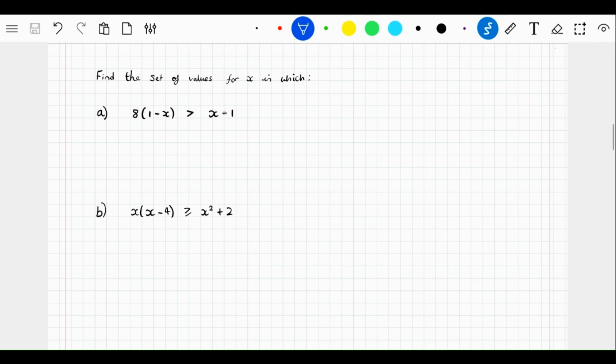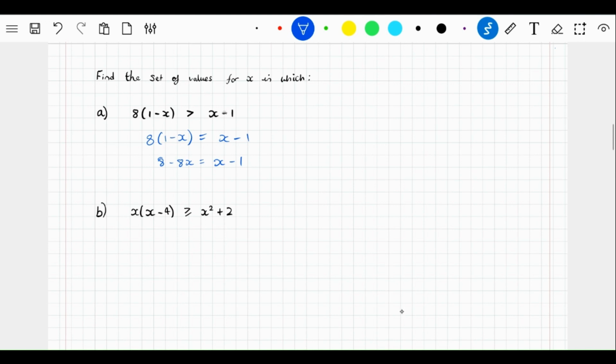Obviously, at the end of it, we're going to convert it back into the form they want it. So we're basically going to say 8 brackets 1 minus x brackets equals x minus 1. And we're going to expand this one here. So it says 8 minus 8x equals x minus 1.